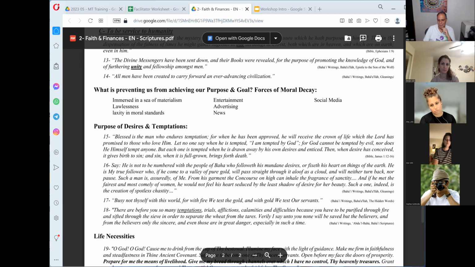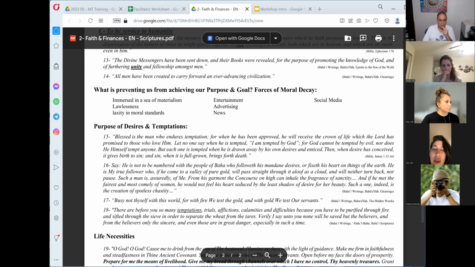Thank you. Somebody can read number 16, please. Asa, go ahead. He is not to be numbered with the people of Baha, who followeth his mundane desires, or fixeth his heart on things of the earth. He is my true follower, who, if he come to a valley of pure gold, will pass straight through it, aloof as a cloud, and will neither turn back nor pause.